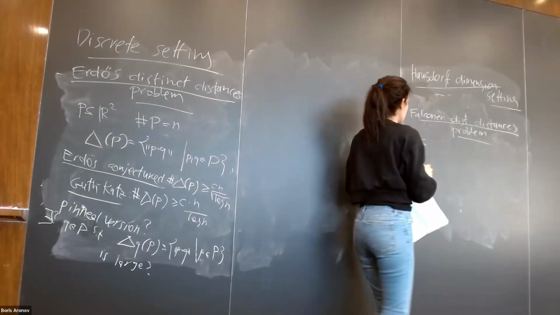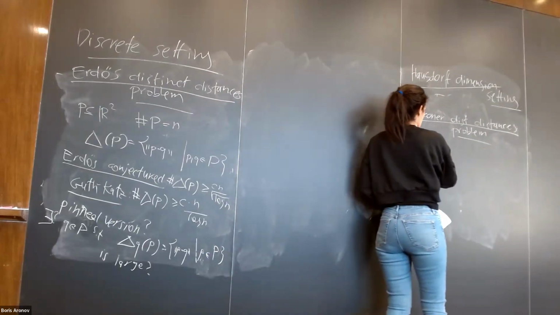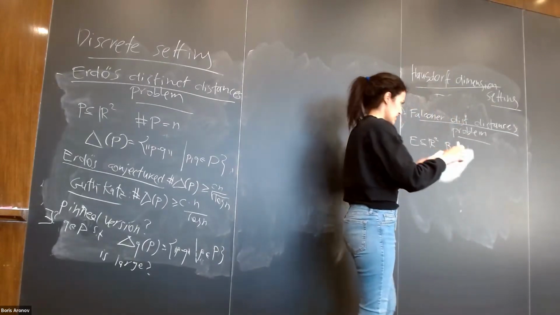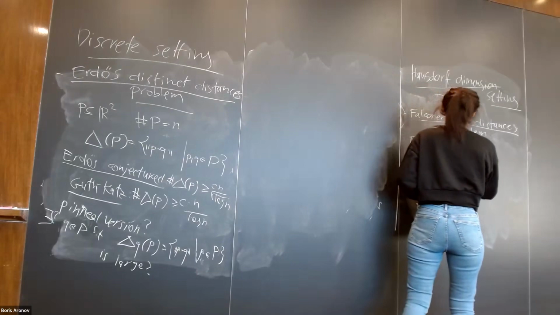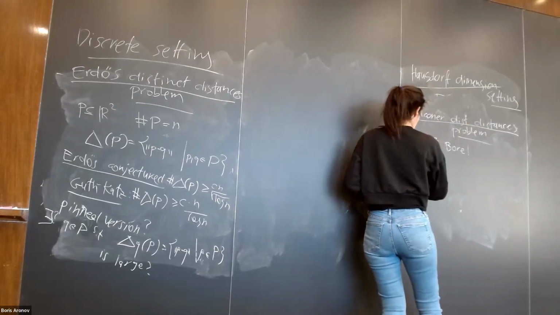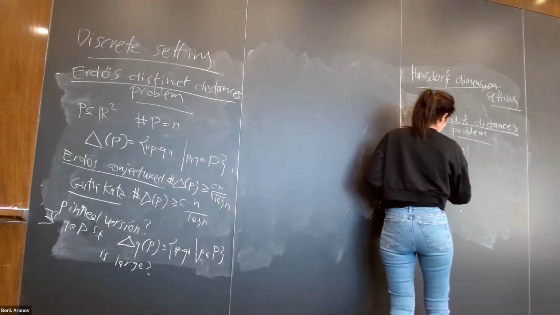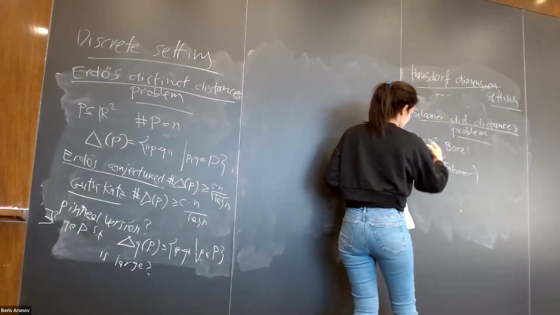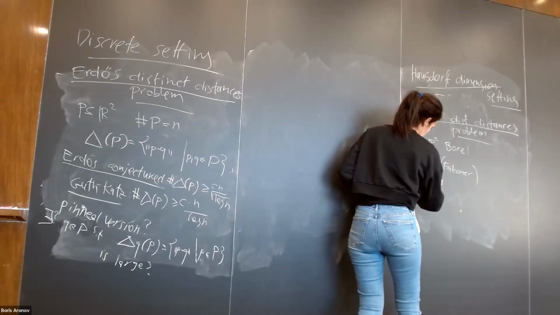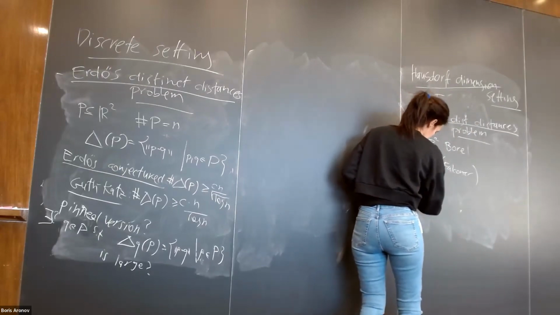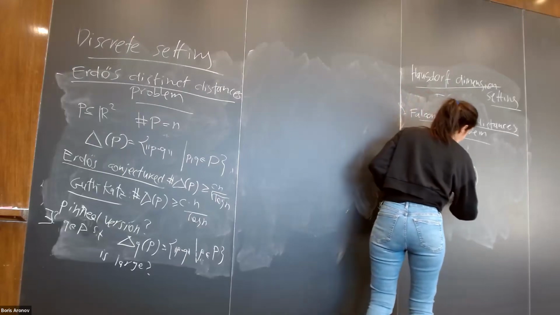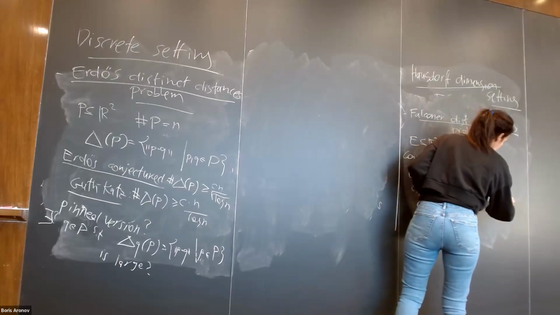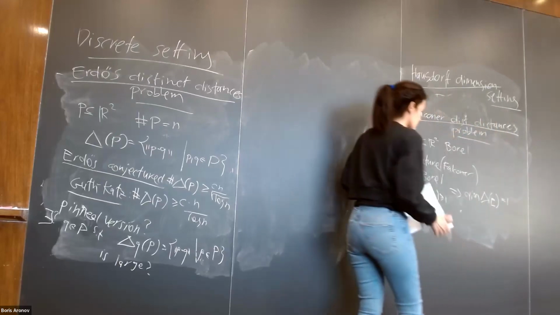So in Falconer's problem, we have a set E in R^2, which is a Borel set, and the conjecture is that if E is Borel and the Hausdorff dimension of E is at least one, then the Hausdorff dimension of the set of distances spanned by E will also be at least one.